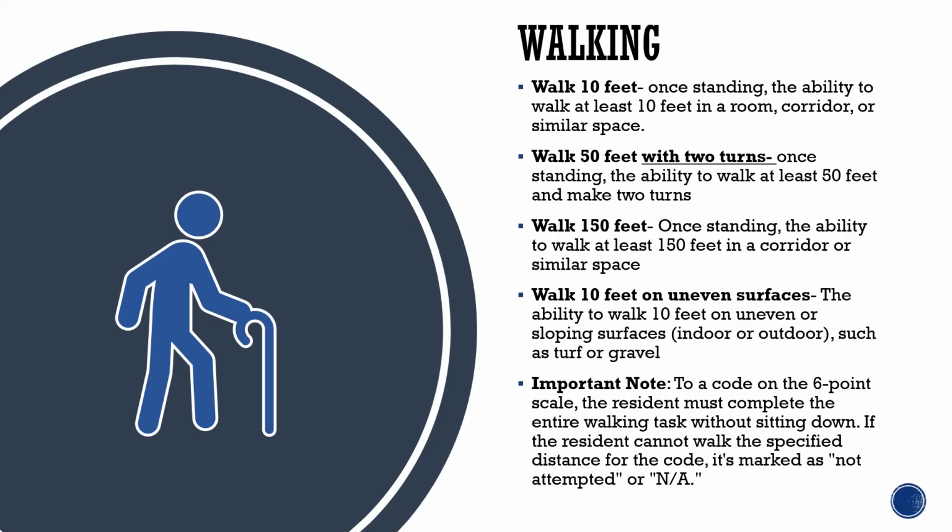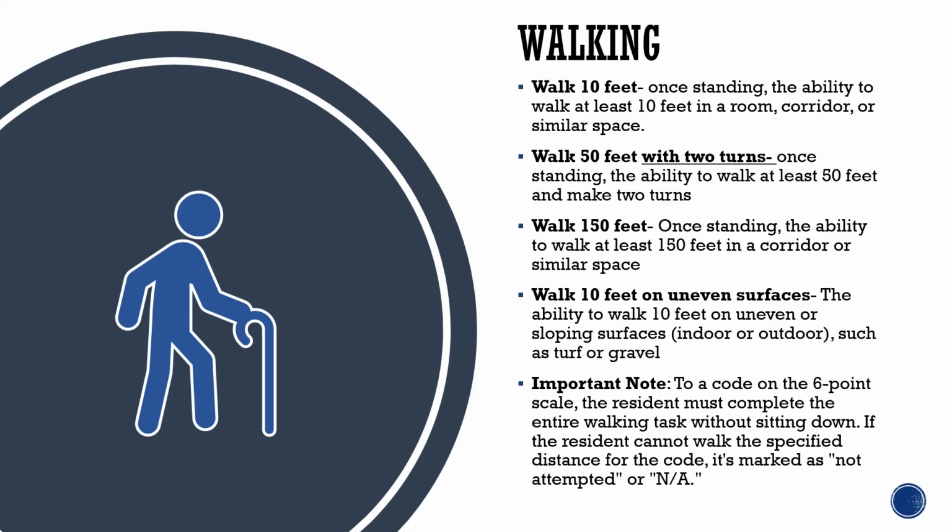Walk 150 feet is, once standing, the ability to walk at least 150 feet in a corridor or similar space. It's important to note that walk 150 feet does not require the resident to be able to make 2 turns, although it can still be coded if the patient does make turns while walking this distance.